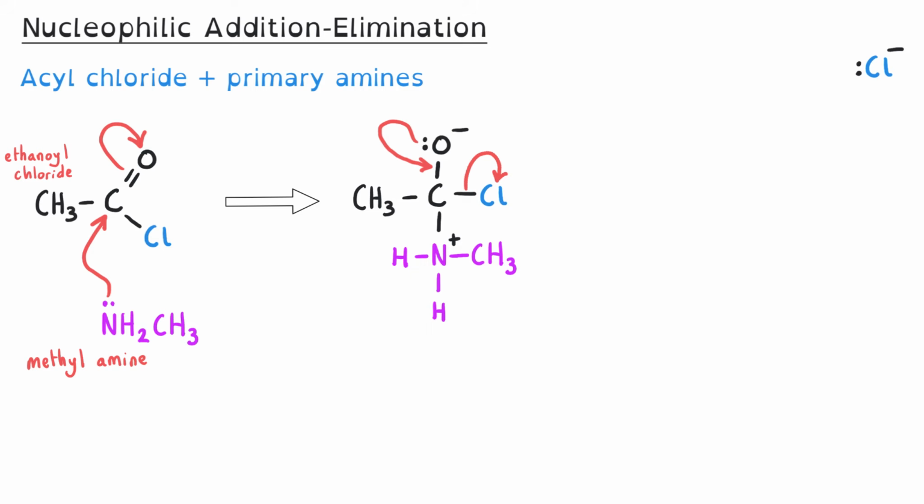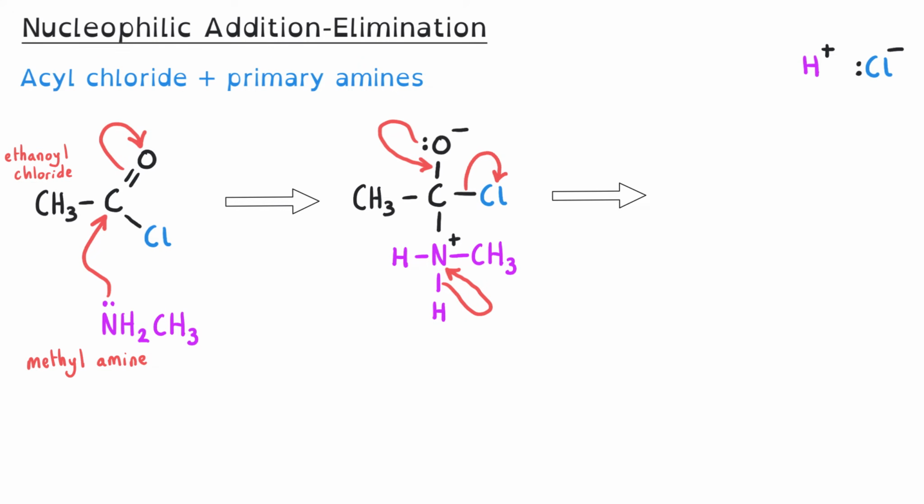And from within the part of the molecule that was the original nucleophile, the positive charge is stabilized because the nitrogen takes the pair of electrons from the bond that it shared with that hydrogen, and the hydrogen is eliminated as an H+ ion.